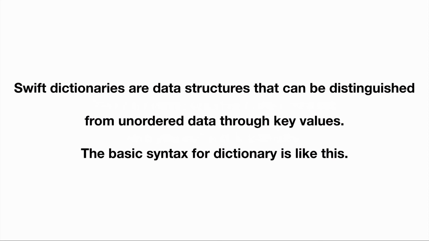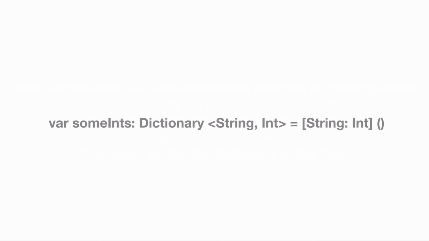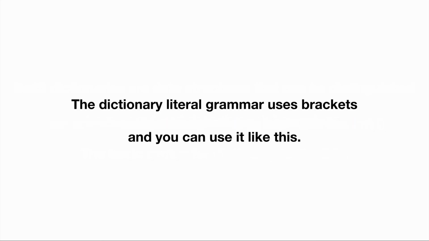Swift dictionaries are data structures in which unordered data can be distinguished through key values. The basic syntax for a dictionary is like this. The dictionary literal grammar uses brackets, and you can use it like this.